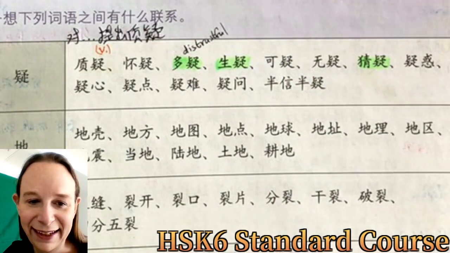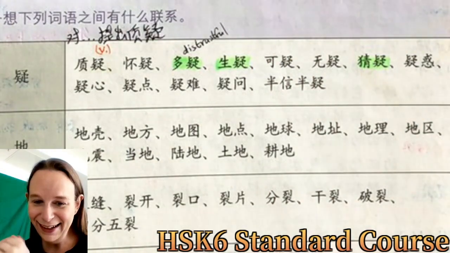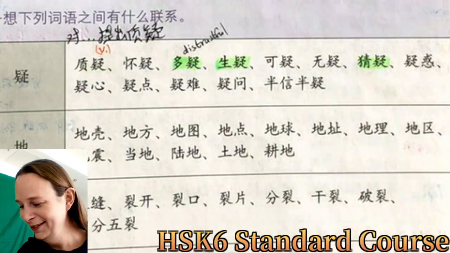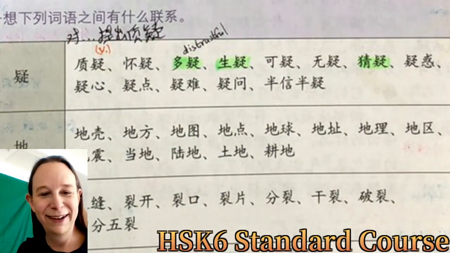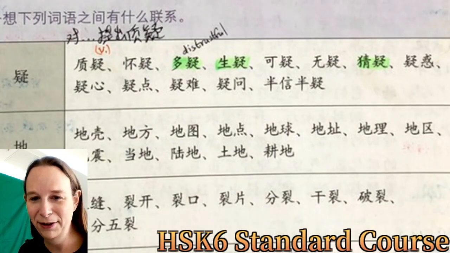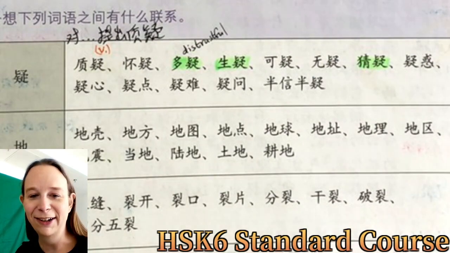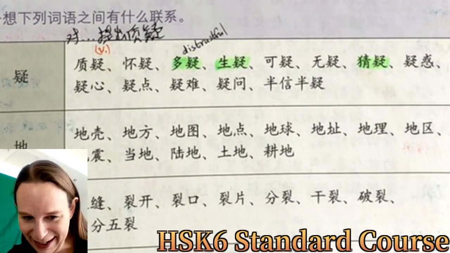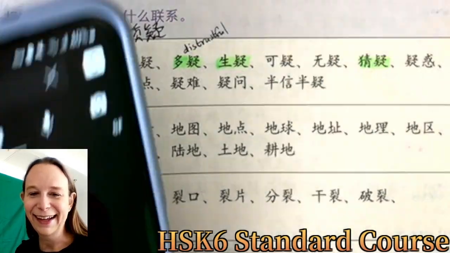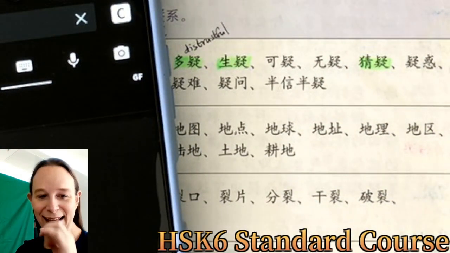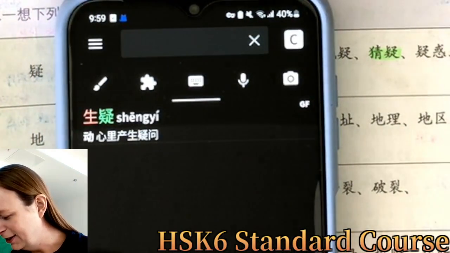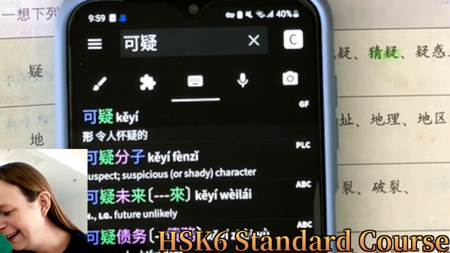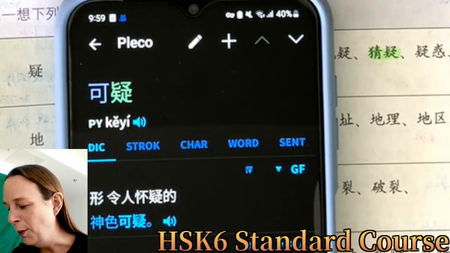Next, 可疑. 可疑 is an adjective, right? It's the usual joke for people who mispronounce their tones, because there's 可疑 and there's 可疑, and they're different. It's the same initial, the same final, but different tones. 令人怀疑的.